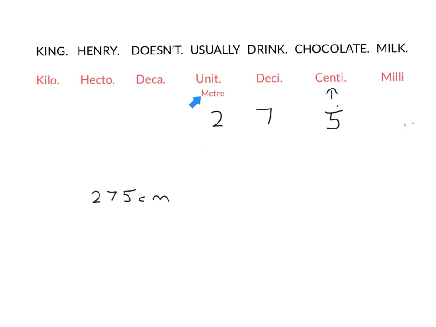So I look at my headings, there are my metres. Oh look, I've got 2 of them. Don't have as many as 3, but I have 2. I have 2.75 metres. So that equals 2.75 metres.